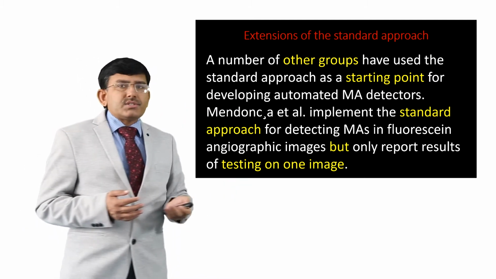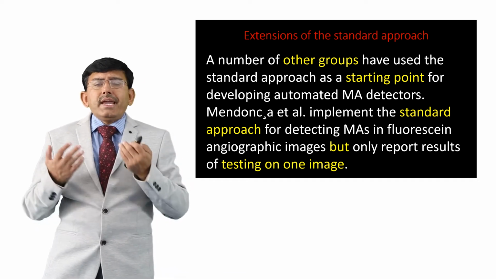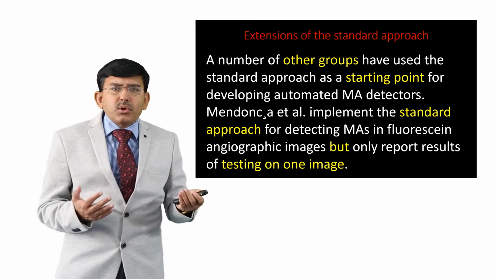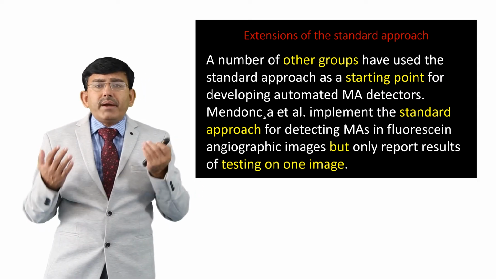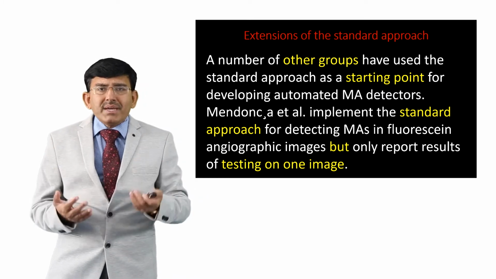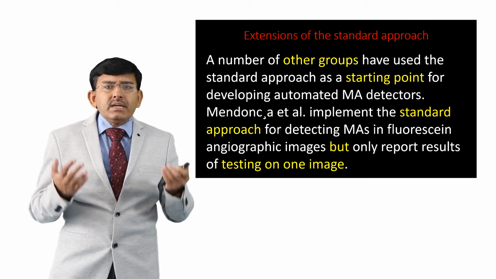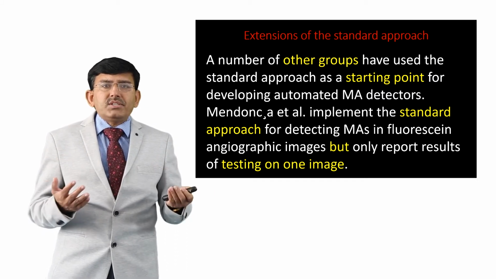A number of other groups have used the standard approach as a starting point for developing automated microaneurysm detector systems. Mendonca and their researchers implement the standard approach for detecting microaneurysms in fluorescein angiographic images, but only report results of testing on one image.